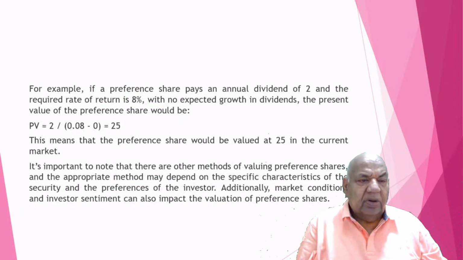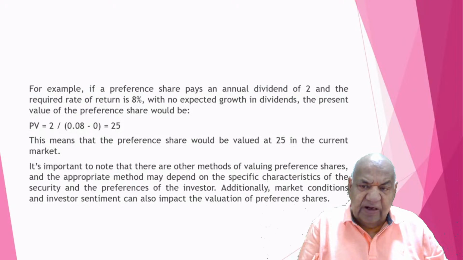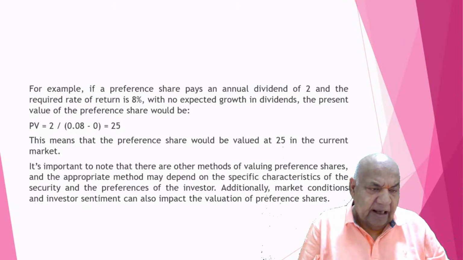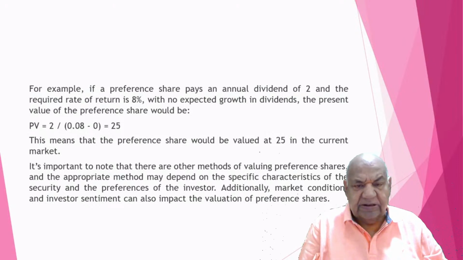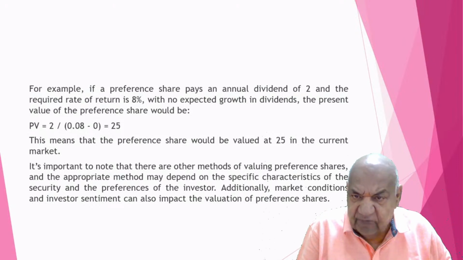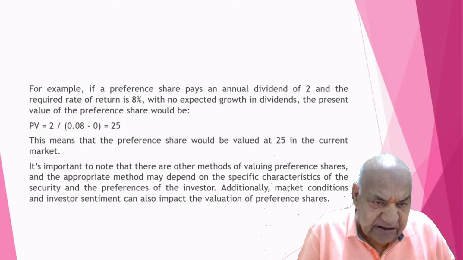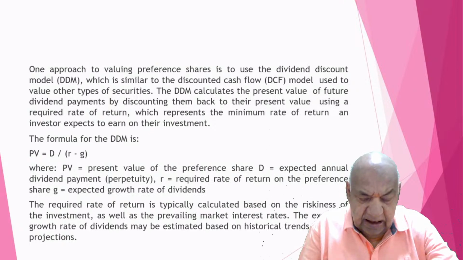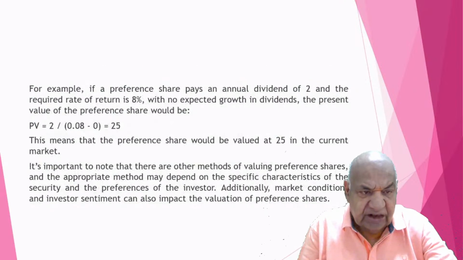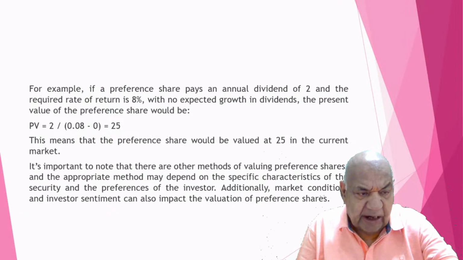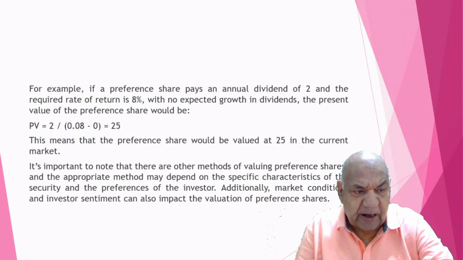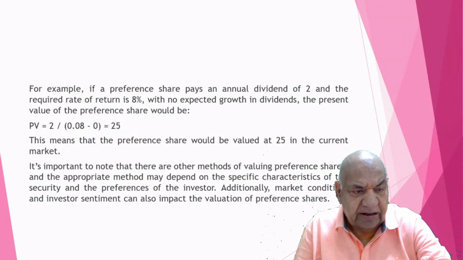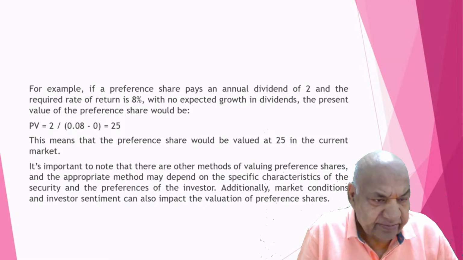For example, if a preference share pays an annual dividend of rupees 2 and the required rate of return is 8% with no expected growth in dividends, the present value of the preference share would be present value equal to 2, which is the D divided by R minus G. R is 8%, that is 0.08, and as there is no expected growth, it is 0. 2 divided by 0.08, that is rupees 25.